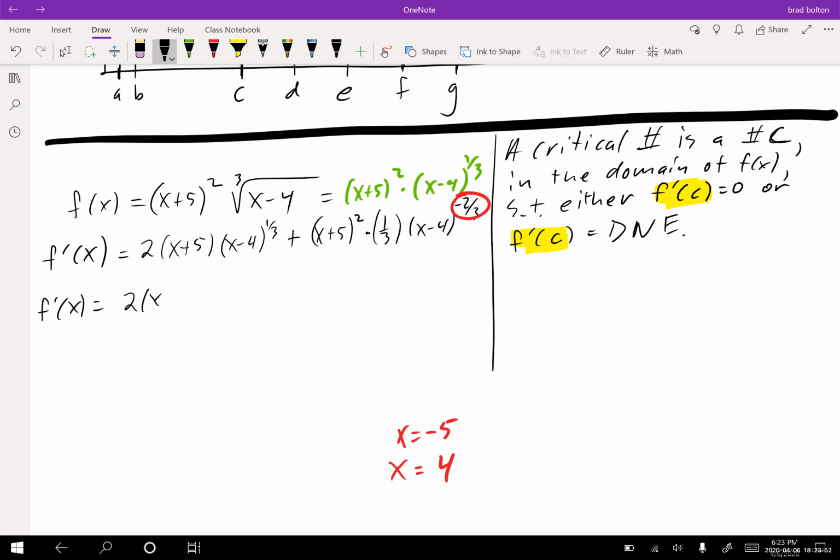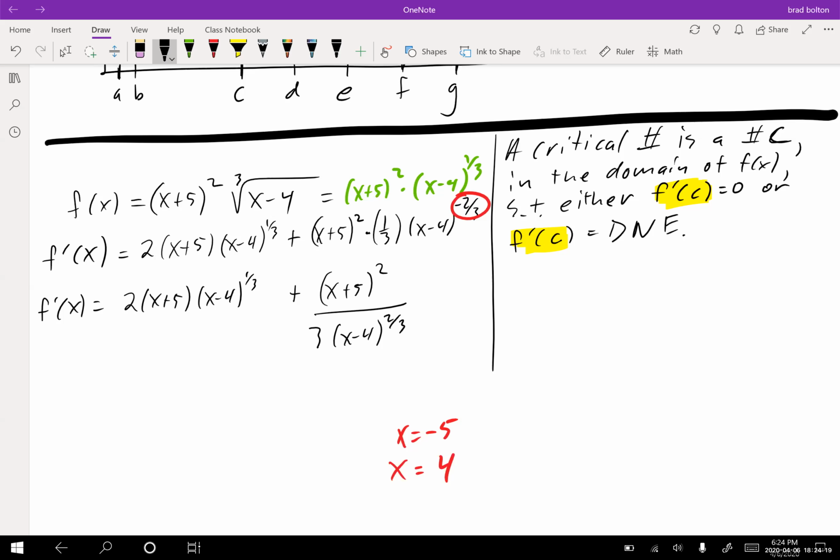So what I'm going to do is clean up this function, and I'm going to say this is 2 times (x + 5) times (x − 4)^(1/3), plus, and then I'm going to put the negative exponent in the denominator. So this will become, let me leave a little space right here, plus (x + 5) quantity squared divided by 3 times (x − 4)^(2/3). So I used up the negative exponent and I put it in the denominator.